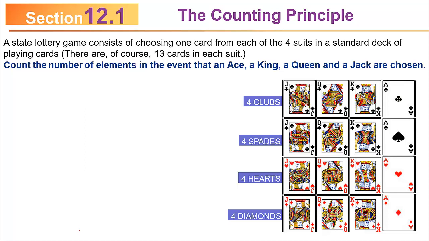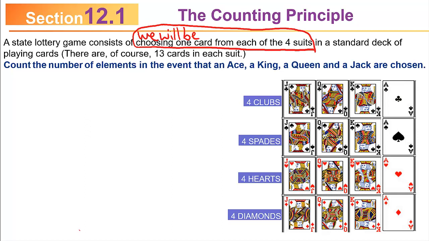And the reason I did that, again, is because the problem said to count the number of elements in the event that an ace, a king, a queen, and a jack are chosen, which means I'm not interested in any of the other cards. Now that I've got that, think about this. We'll be choosing one card from each of the 4 suits. So just start at the top. Suppose we want to choose a club.